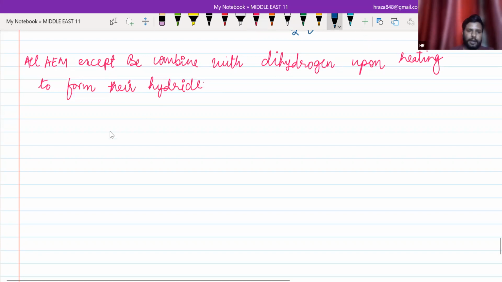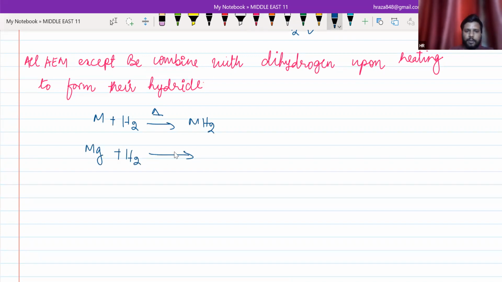Like H2 will combine to form MH2. I wrote the equation, but it is possible only when we heat it.